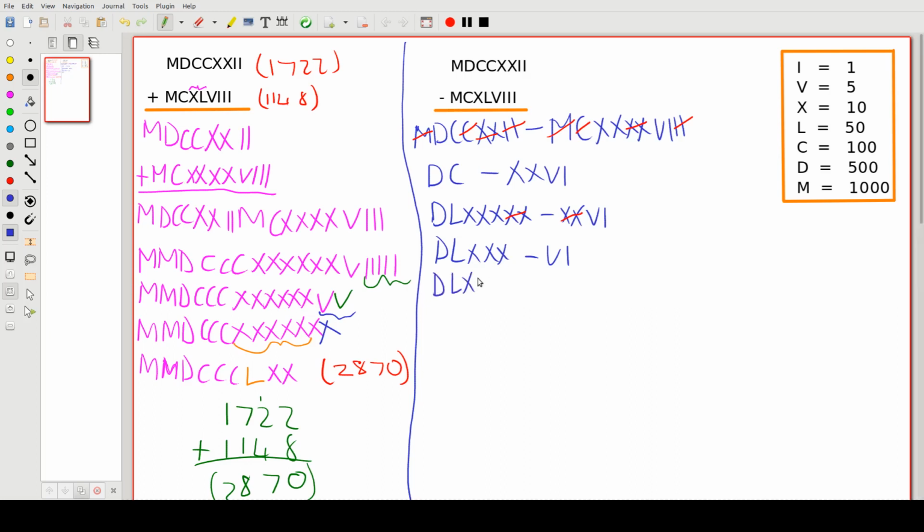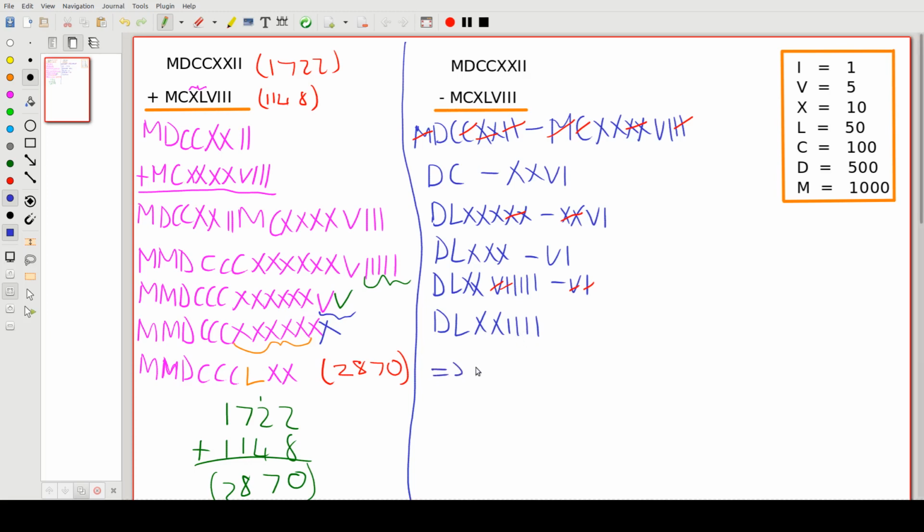So DLXX, and now this X I'm going to change into V, 1, 2, 3, 4, 5 minus VI, and we can cancel the V and the V, we can cancel the I and the I. So finally we're left with DLXX and 1, 2, 3, 4 i's. So that's fine, but we can change these 4 things into subtractive notation.